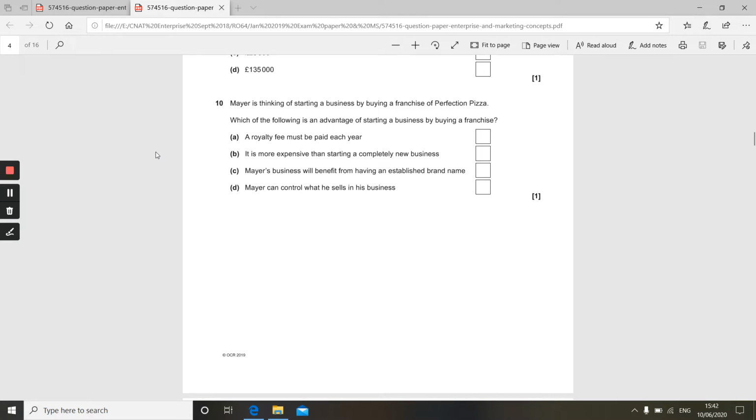So here, an entrepreneur would buy a franchise of Perfection Pizza and would pay a certain amount of money in order to be able to purchase that franchise. So think, what is going to be a benefit for this person from buying into a name that has already been established, a name that is already out there and trading? Have a look through the different options and make your choice.